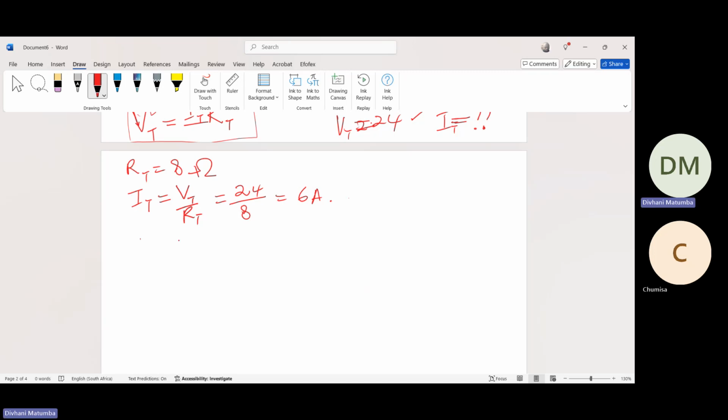So how do we go about it? I want your opinion. How can I calculate the potential difference across the parallel combination? The total current.